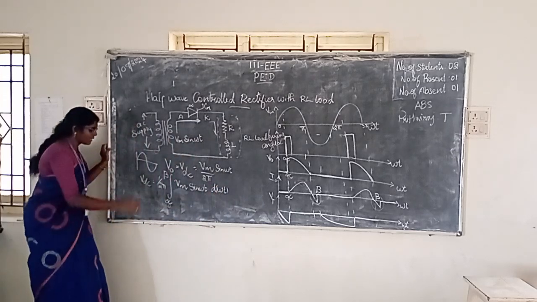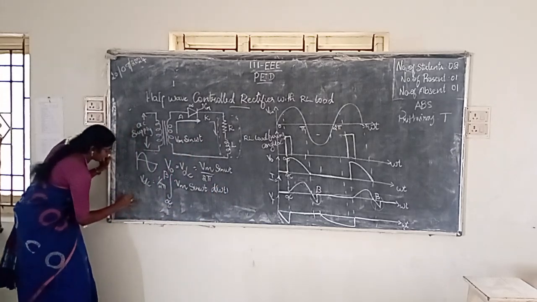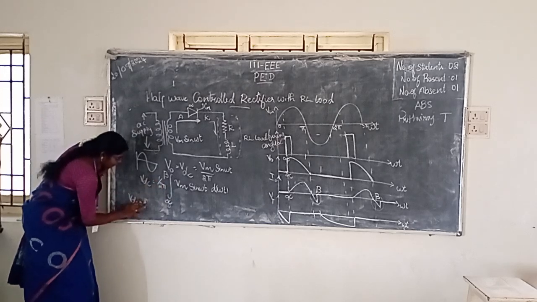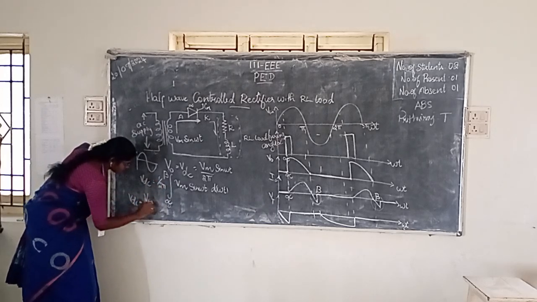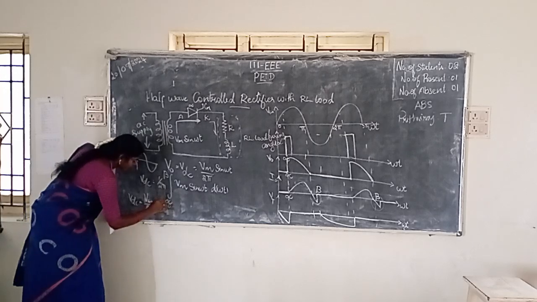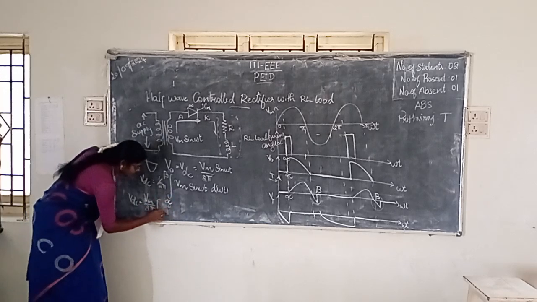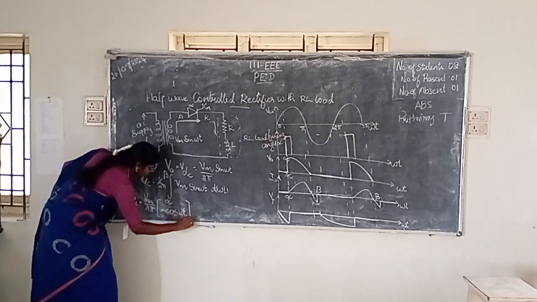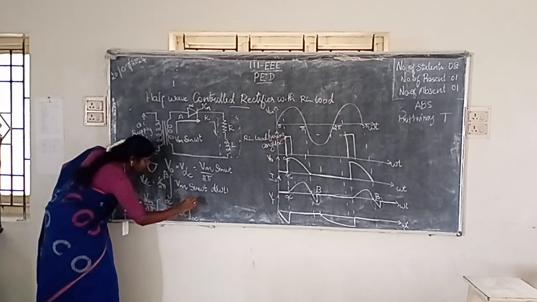While I am integrating sine, the same as we have done yesterday, VDC is equal to Vm by 2 pi, since Vm is constant, we have taken it out of the integral. If I integrate sin, it will become minus cos omega t, with the limits ranging from alpha to beta.